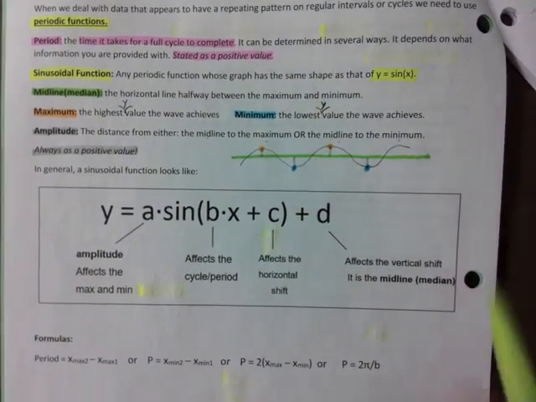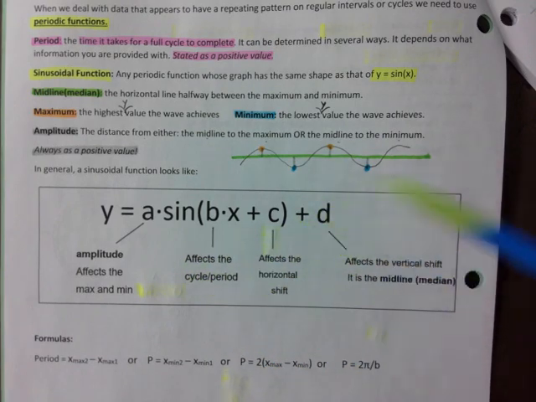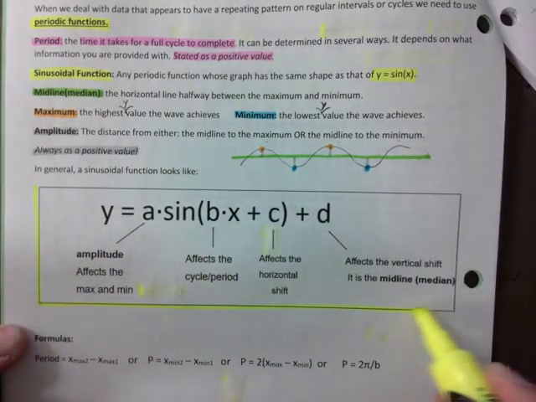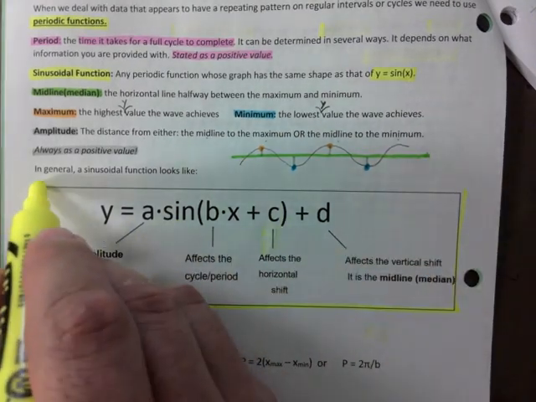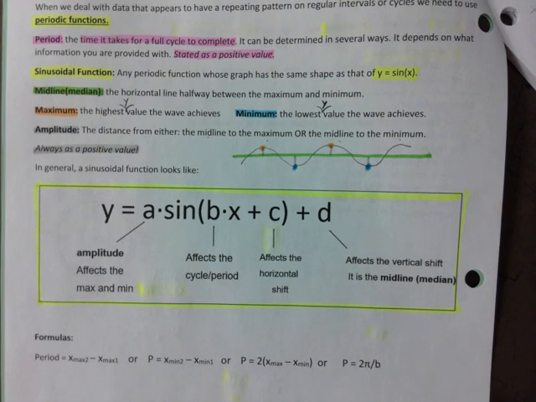Here is this, I would strongly recommend you add to your study sheet. This part right here. Try to make it smaller, but very important to understand the sine function.